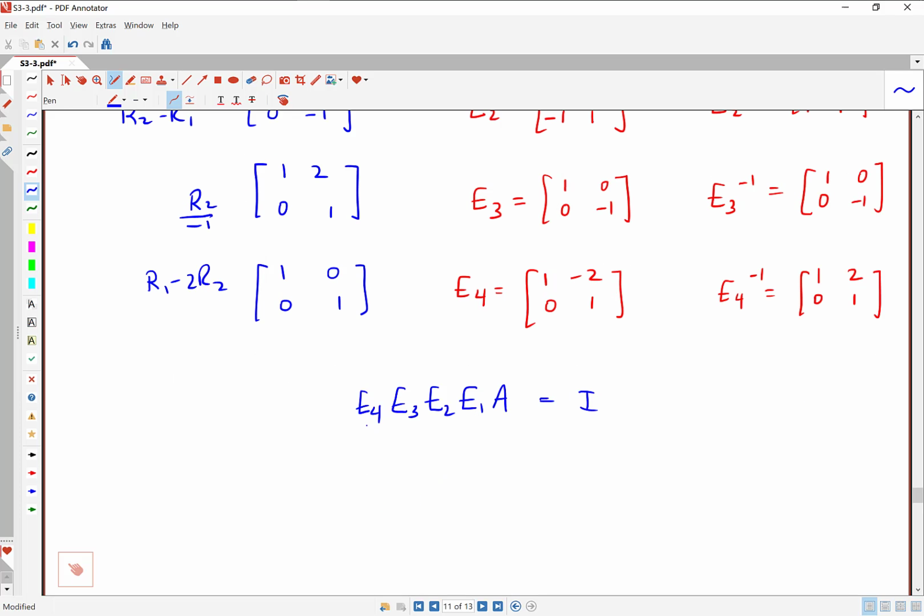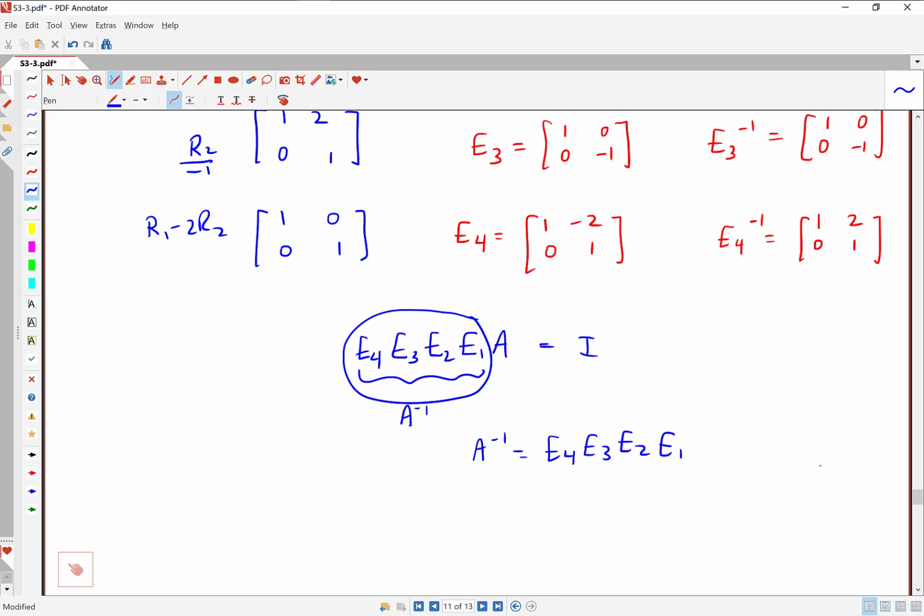So once we have that written down, then we can say, oh, that means all this stuff here, if we think of it as one thing, this stuff here has to be A inverse, because it's something that multiplies with A to give us the identity matrix. So A inverse is E4, E3, E2, E1 in that order. So that's half the question answered right there. We've written A inverse as a product of elementary matrices.